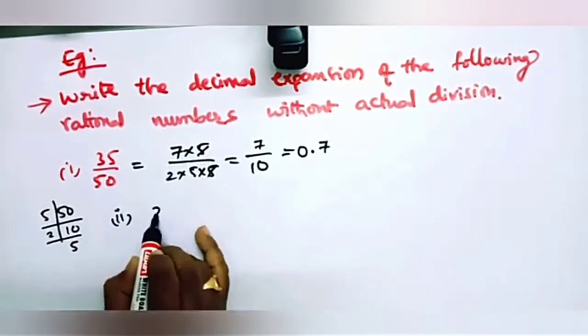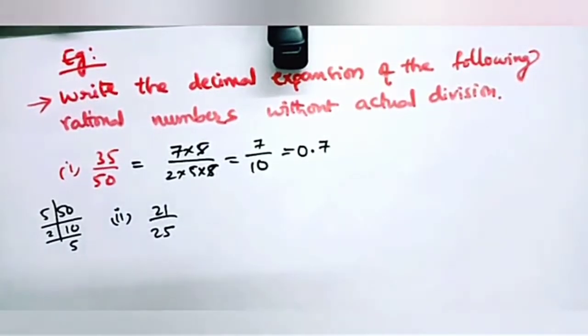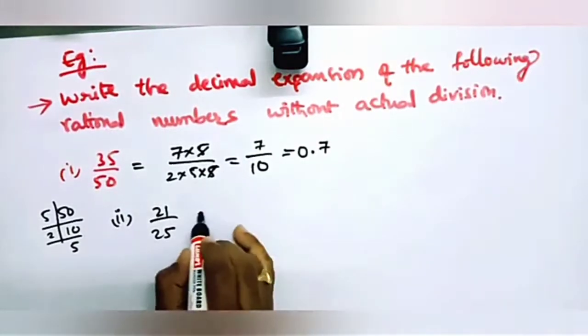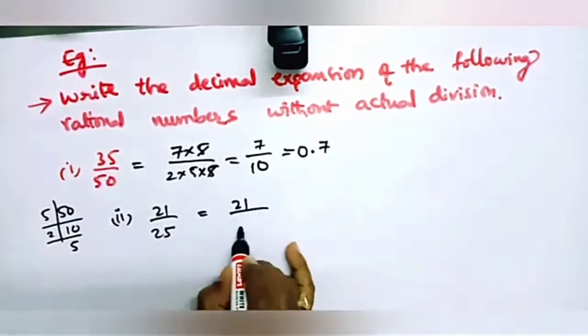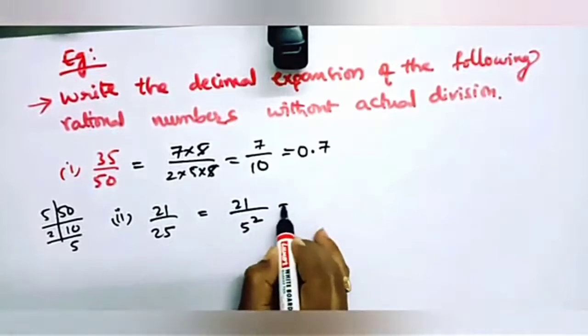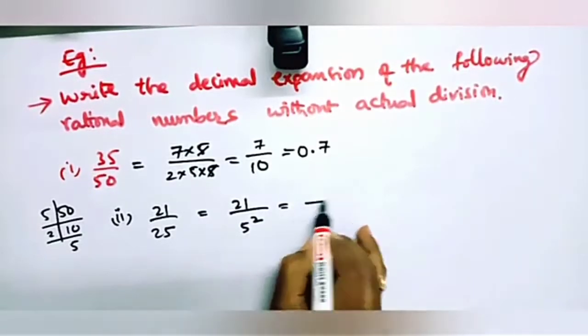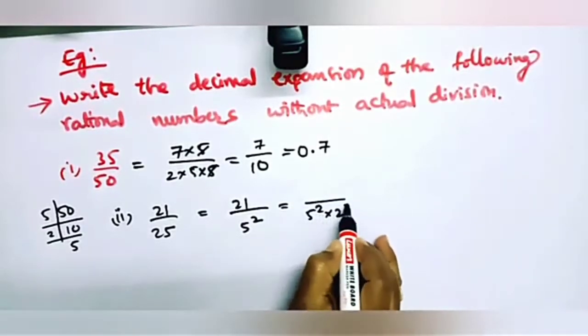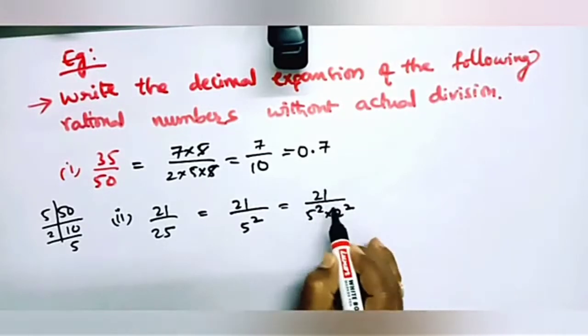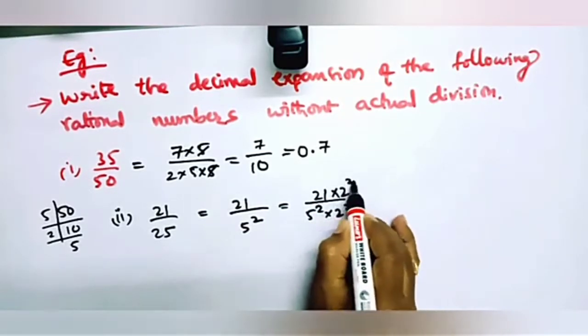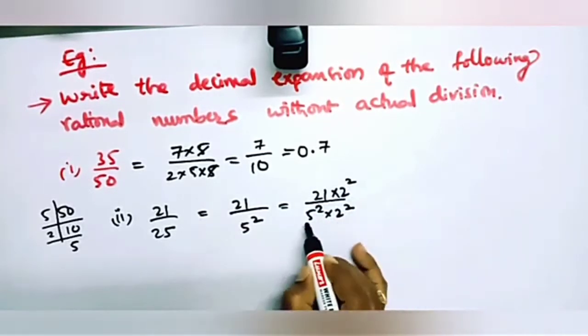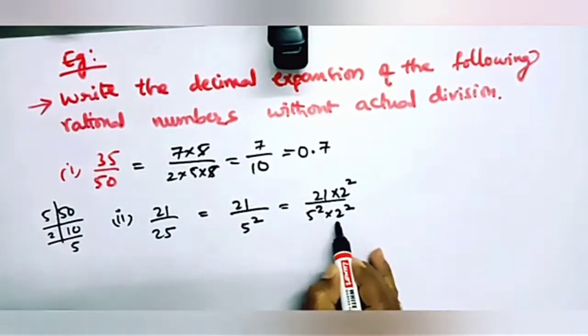The next question, 21 by 25 is given. 21 by 25 means you should write 25 as 5 square. To convert the denominator to tens, we require 2 square. So the numerator also you should multiply with 2 square. Why? Because you will get 5 times 2 whole square, 10 square.